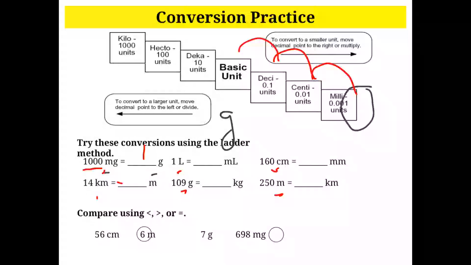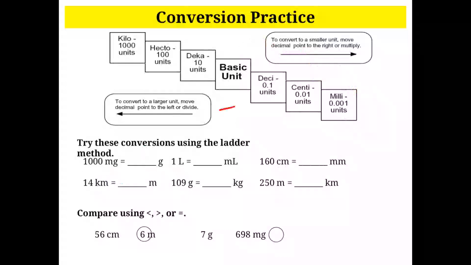Next one, we're going to go from liters. Let me clear those. Now we're starting with liters, which is the base unit, and we're moving to milliliters. Those are smaller, so now we're moving in this direction. We're moving 3 spaces to the right. 1, 2, 3.